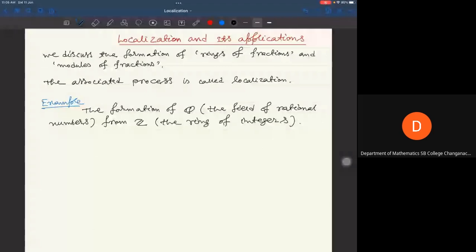Further we'll study what we call localization or ring of fractions. So let's recall how an element of Q looks like.